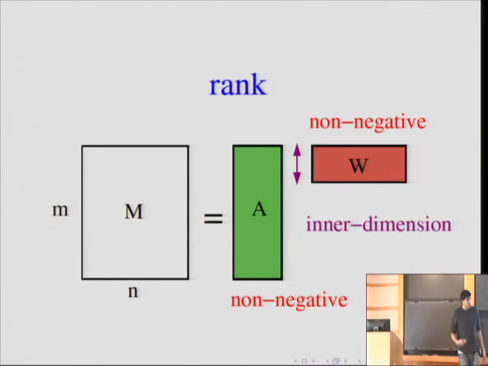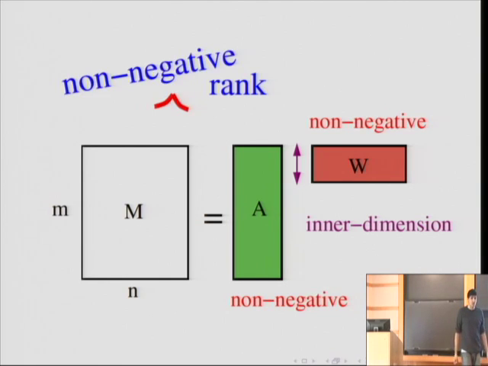And then the smallest value for the inner dimension we can obtain is called the non-negative rank. So the non-negative rank of a matrix M is the smallest r so that M can be written as the product of non-negative matrices A and W, where the inner dimension is r.